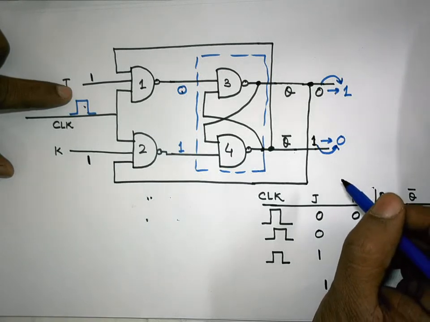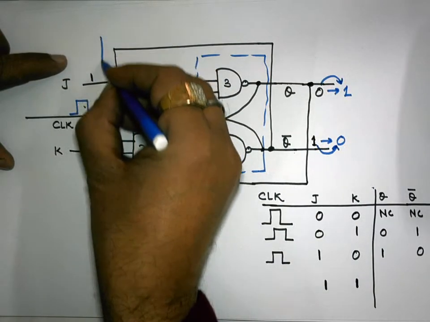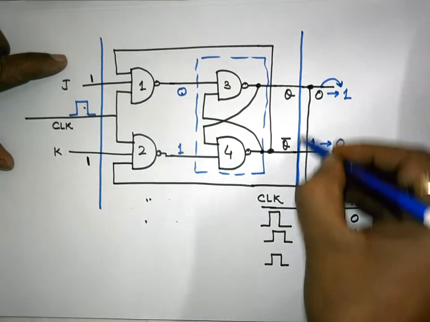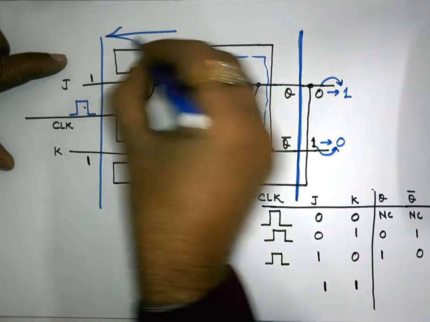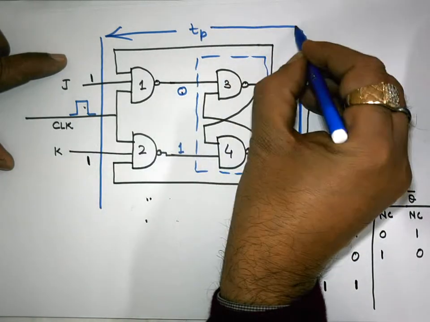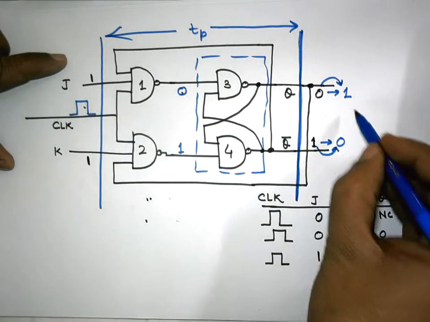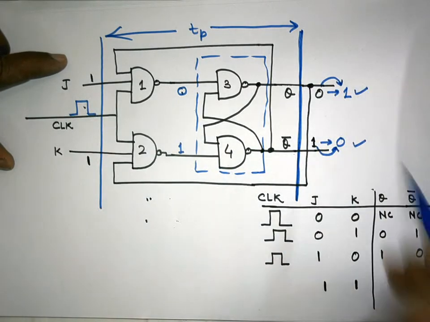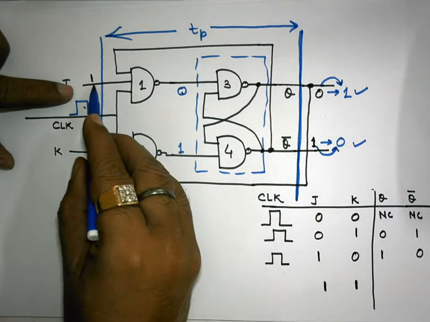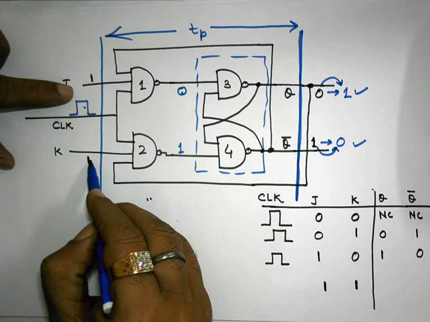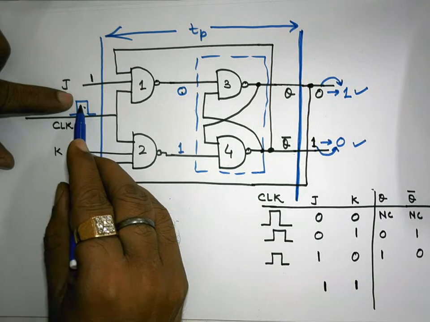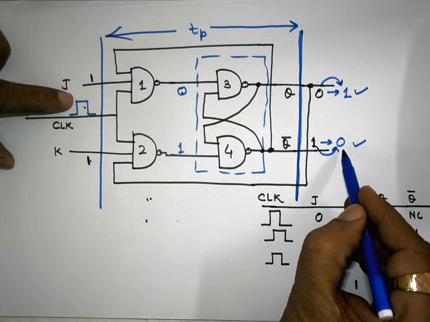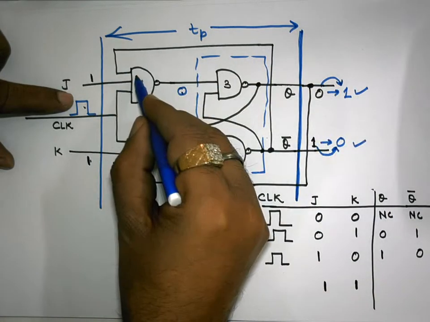But you see, when we had applied the input, after a propagation time delay, suppose the total propagation time delay in this circuit is Tp, the fresh output is further fed back to the input. What is the fresh output? This 1 and this 0. And we have the 1 1 already available at the input, we have the clock already available at the input. What will happen? This 0, which is appearing over here, is fed back over here.